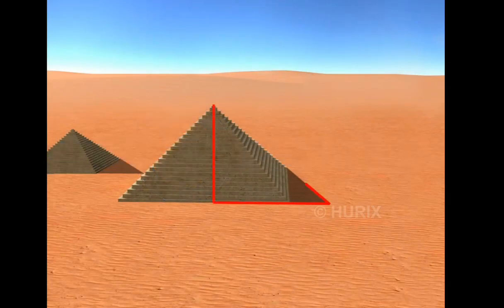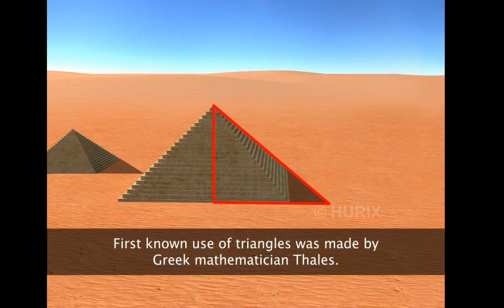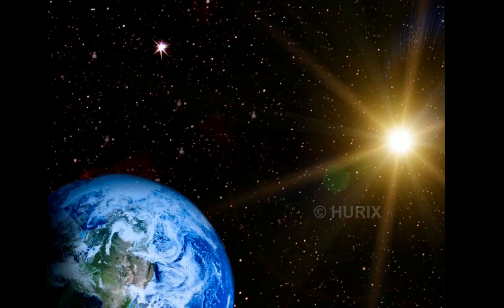Triangles can be used to estimate distances. First known use of triangles was made by Greek mathematician Thales in computing the height of pyramids. Nowadays, scientists make use of triangles to find the distance of unknown stars from the Earth.